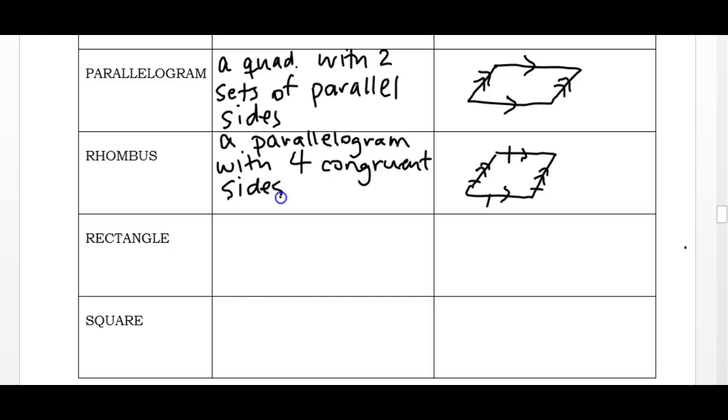A much easier way to say this might be an equilateral parallelogram, but I have the four congruent sides written out rather than just writing the word equilateral.